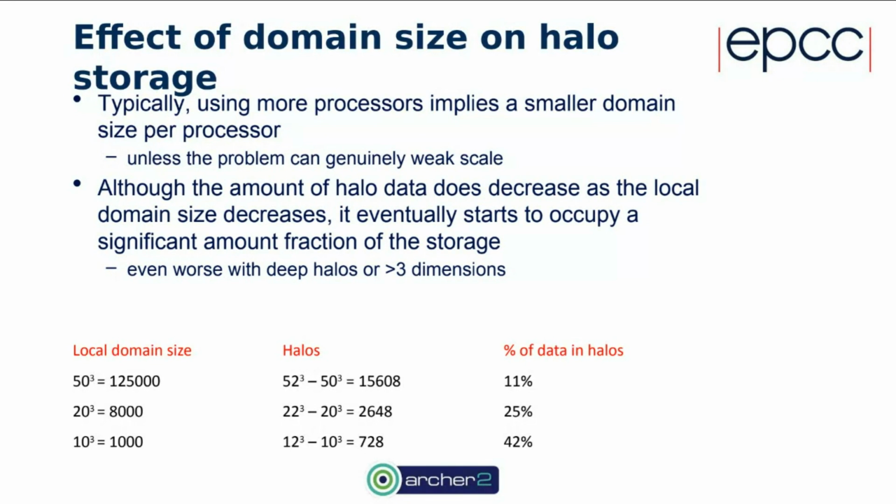So by adding the halo cells in each dimension, you increase the memory usage by about 11%. Then as you come down to 20 cubed, that goes up to 25%. And by the time you get down to a 10 cubed local domain size, your halos occupy almost half the memory.